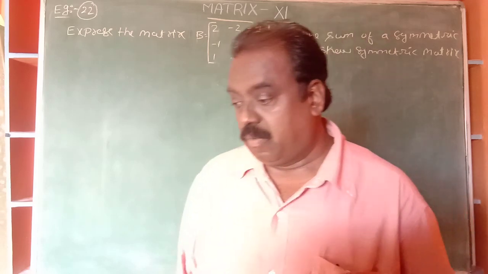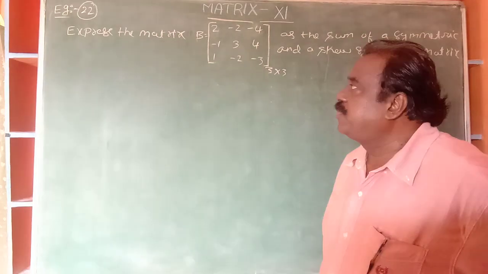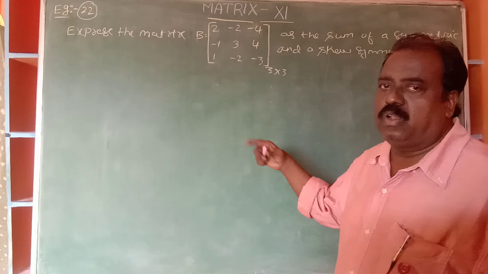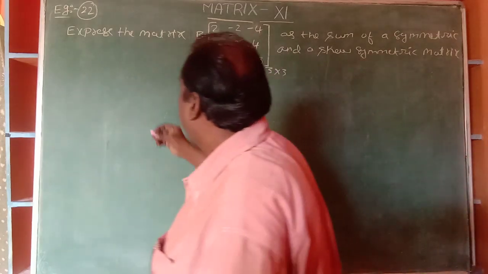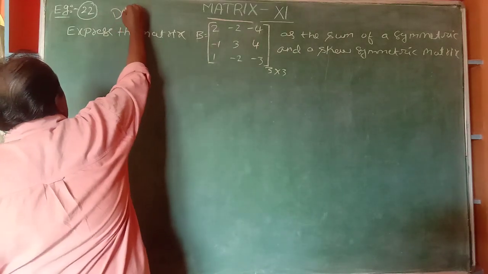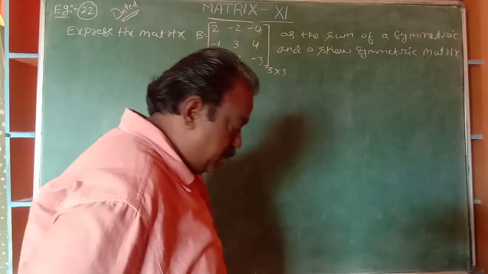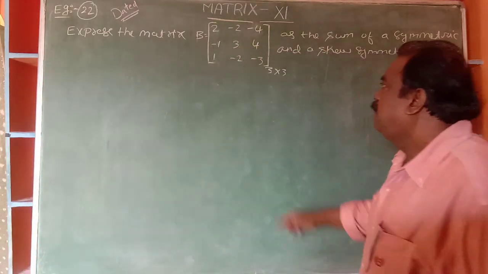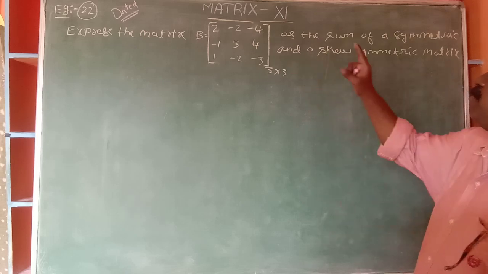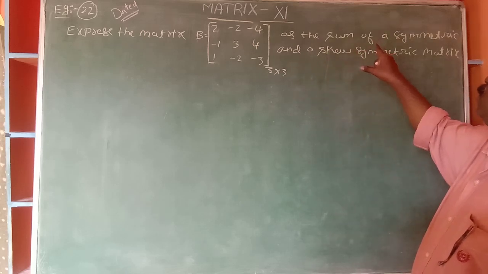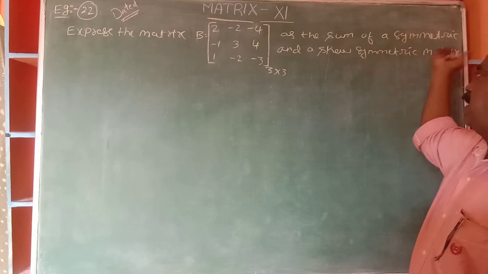Now this is example 22, and then we'll go to the third exercise. This is an important problem. It is also dated, it was asked in the previous exam. You see, the matrix B is a given matrix. This matrix is asked to be expressed as the sum of a symmetric and a skew symmetric matrix.